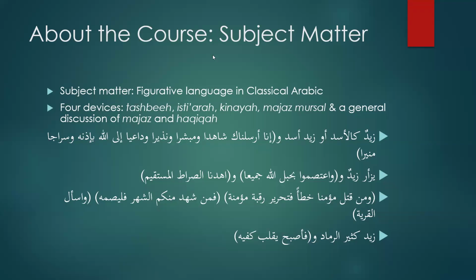In the case of tashbih, the alaqa is mushabaha, a comparison. In the case of isti'ara, it's the same thing. But why is tashbih, as we're going to learn, referred to as a haqiqa, whereas isti'ara is considered majaz? Because in tashbih, you are literally stating that relationship up front.